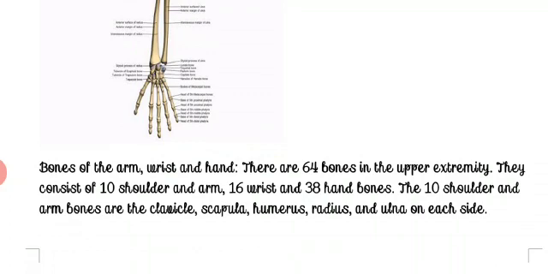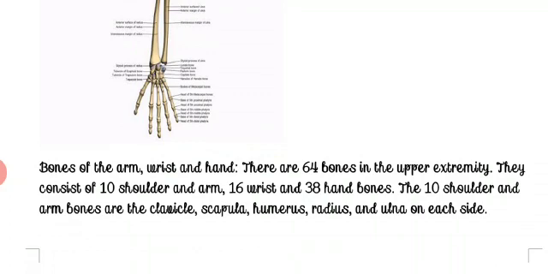Talking about the bones of the arm, wrist, and hand, we have 64 bones altogether. This 64 is for the two hands. That is for our upper extremity. 32 bones make each limb.